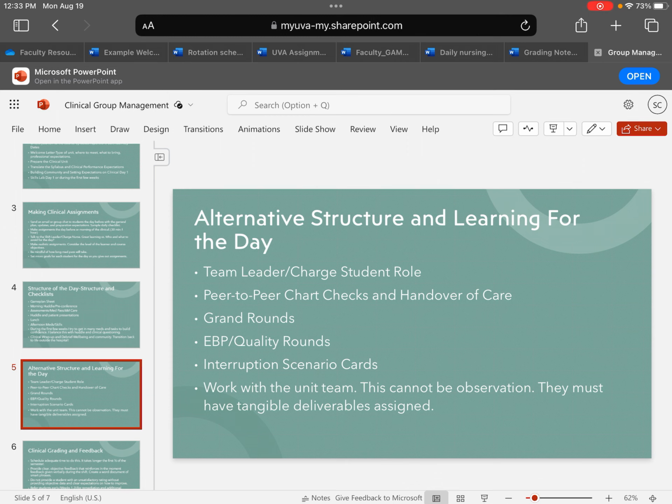That might be doing an assessment and creating a care plan that they're going to document and then report out to the rest of the clinical group. So you can't assign them to someone else on the healthcare team and then have it end up being all observation. They need to be engaged in the nursing process and clinical judgment model and have some deliverables there for those alternative experiences for it to truly count for direct care hours.